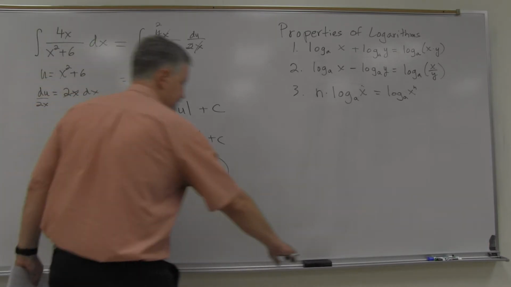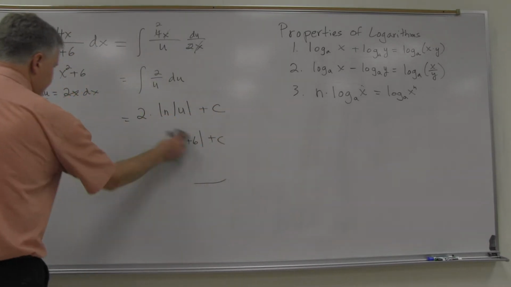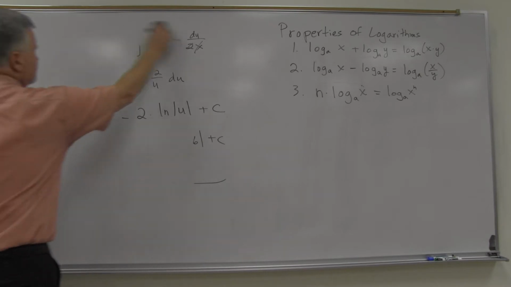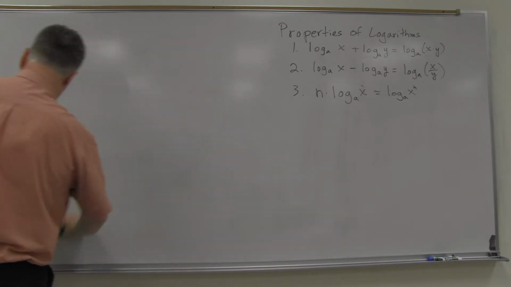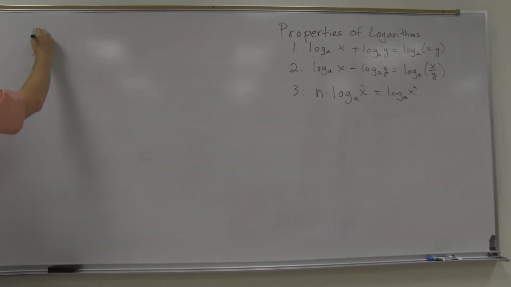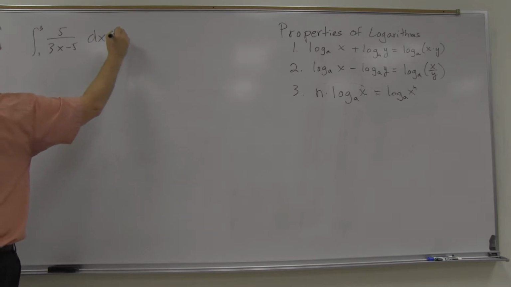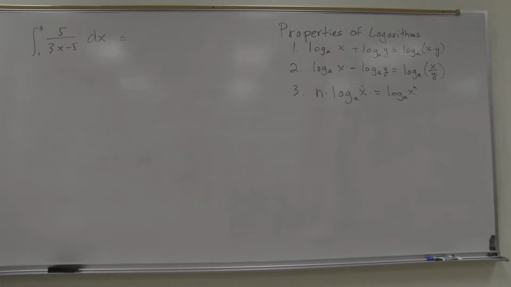All right, so let's try another integral here. Integral from 1 to 3 of 5 over 3x minus 5 dx. So again, it's division, a quotient.